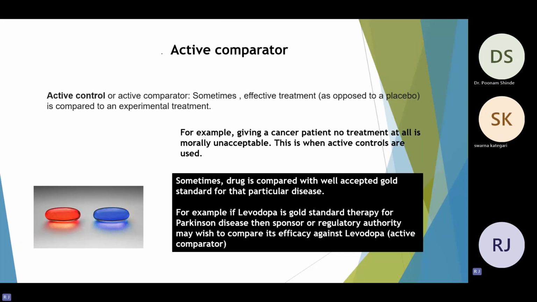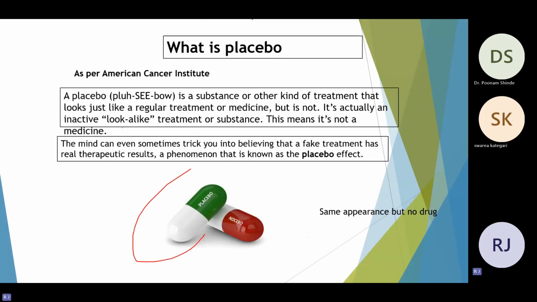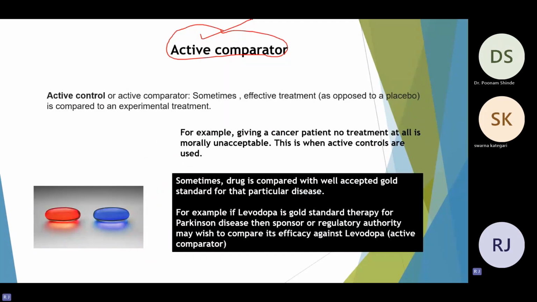For example, if I'm developing a drug for back pain, any painkiller, then everybody knows that diclofenac is the standard treatment for back pain available in the market. So in phase 3 I will try to compare my drug with diclofenac. That standard treatment that we are going to compare in our clinical trial is called active comparator. Okay, we have placebo, inactive, no effect, then we have active comparator, very active, a standard treatment.